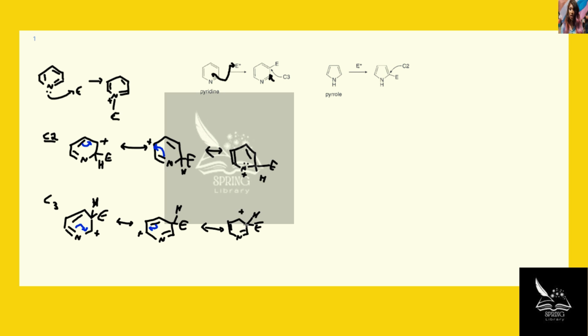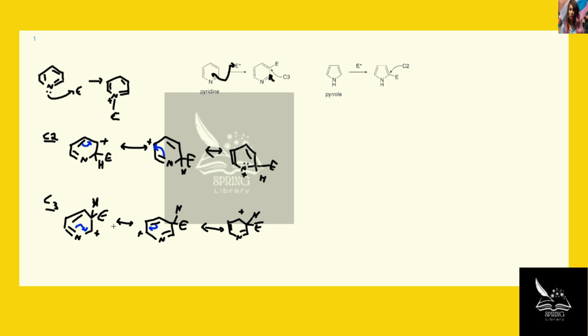In this situation, we still have 3 resonance structures, but none of these resonance structures puts a positive charge on our electronegative nitrogen atom. So attack on carbon 3 makes a more stable carbocation than attack on carbon 2 or 4. That's why attack will occur on carbon 3, because we don't have any resonance structure putting a positive charge on the electronegative nitrogen atom. All these positive charges are on the carbon atoms of pyridine.